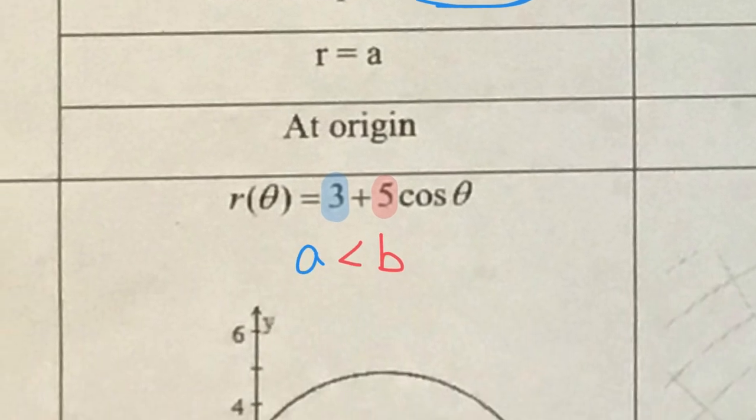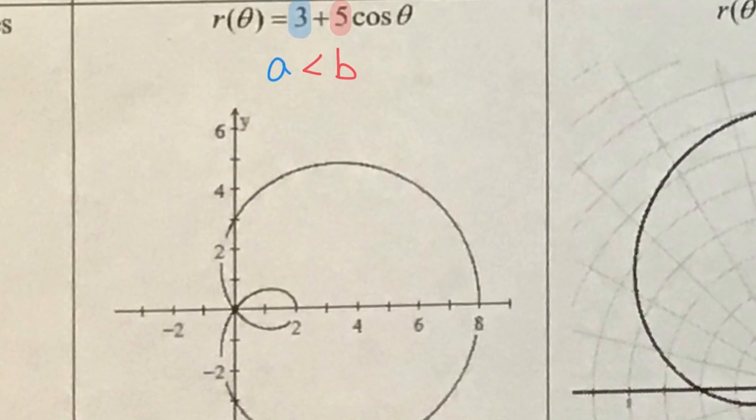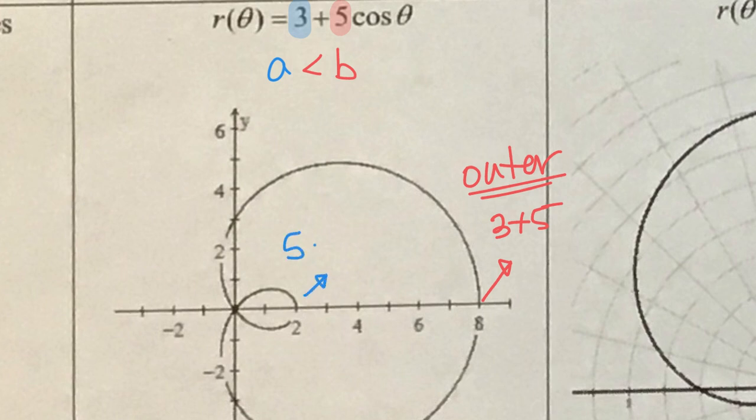Okay, so here is this example. Notice that we have 3 plus 5. 3 plus 5 is 8, and that's the outer loop. And then the inner loop, 5 minus 3 is 2, right? So that's why we have an outer loop and an inner loop.